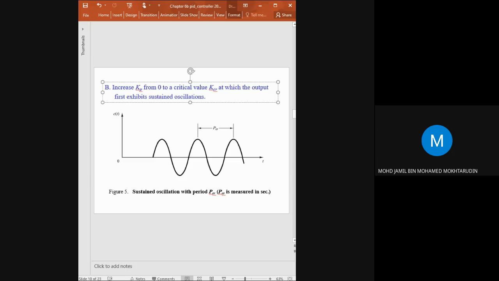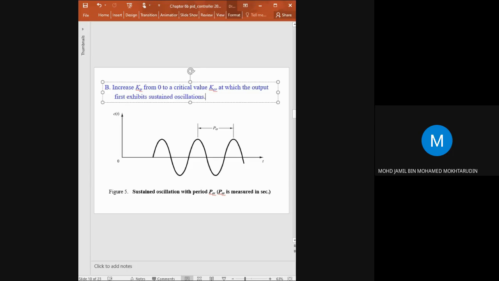So marginally stable meaning that the value of K when the root locus crosses the JW axis crossing. Okay. So for a marginally stable system, the time response will oscillate, but the oscillation is constant. Okay, meaning that the period of the oscillation is constant. So the period of oscillation, PCR here, is the period for sustained oscillation.